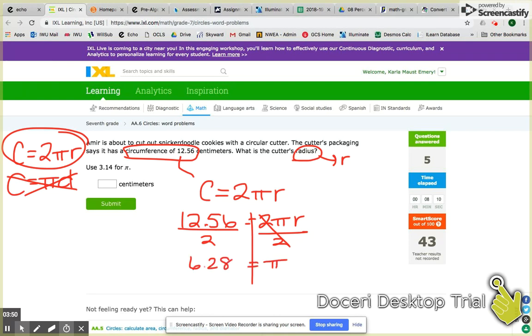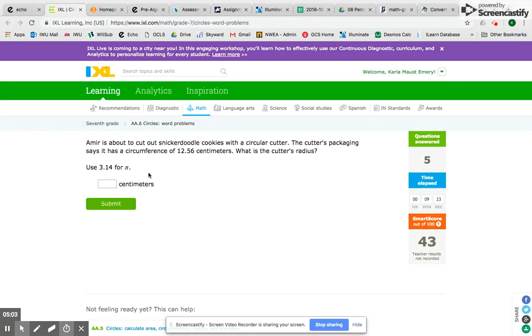But I still have this pi here, so you want to also divide by pi, which in this case says 3.14. So if I do 6.28 divided by 3.14, I get 2. So 2 is equal to my radius. Let's put that in. 2.